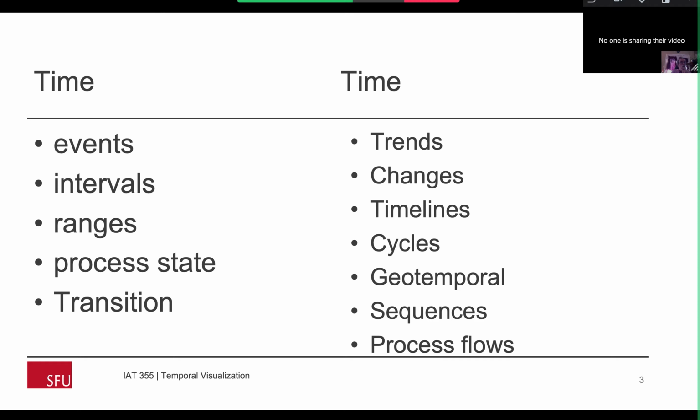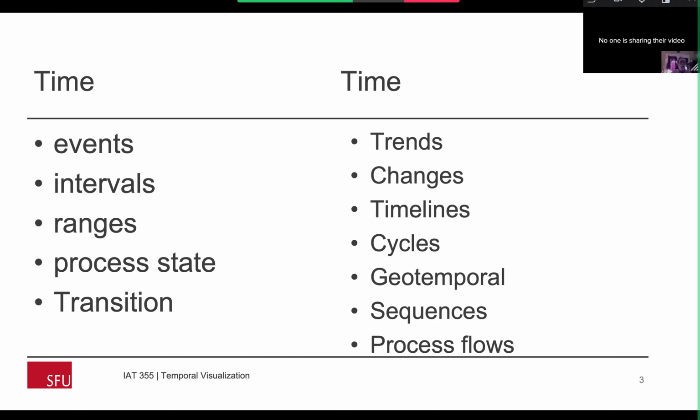Another very important thing is intervals, which you could strip down to a representation of an event that starts at some time point and ends at some point later. That's a time sequence that is often of interest. Third is ranges, that is to say, ranges of time.